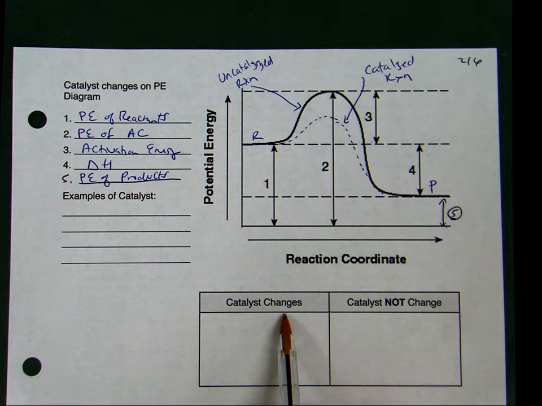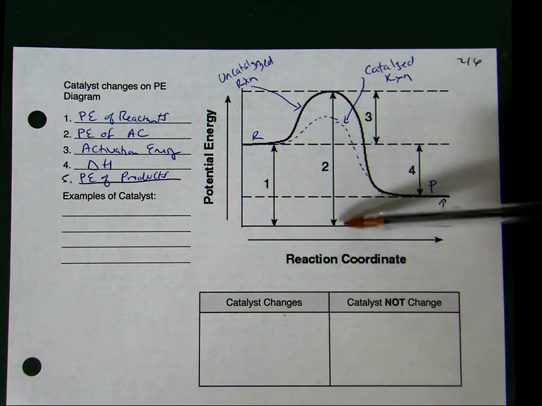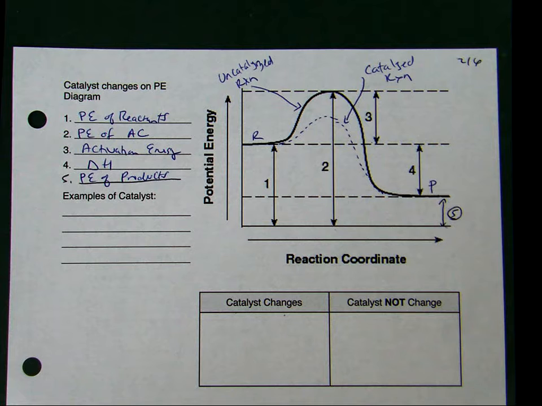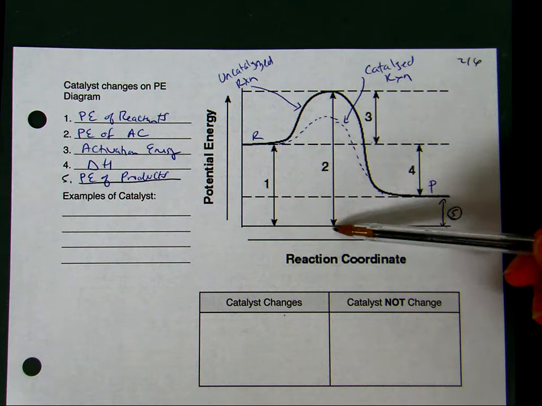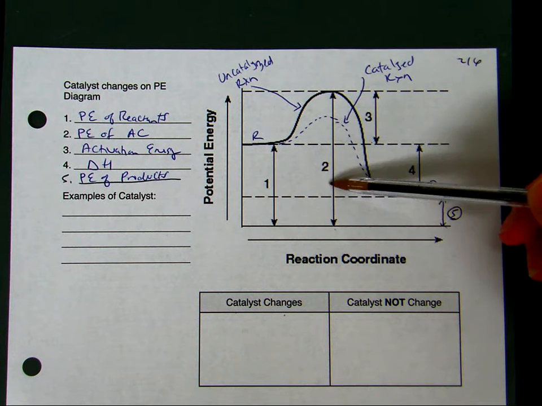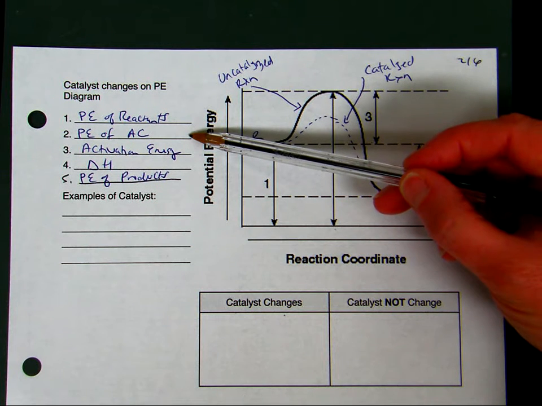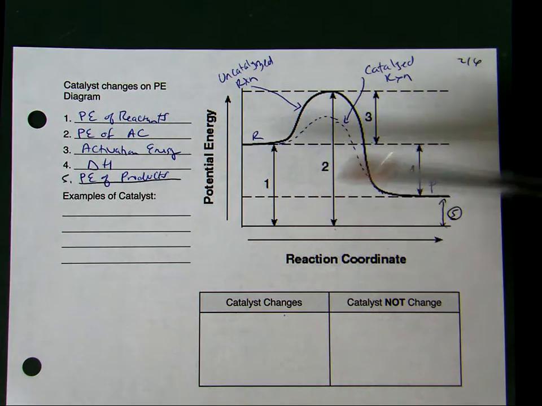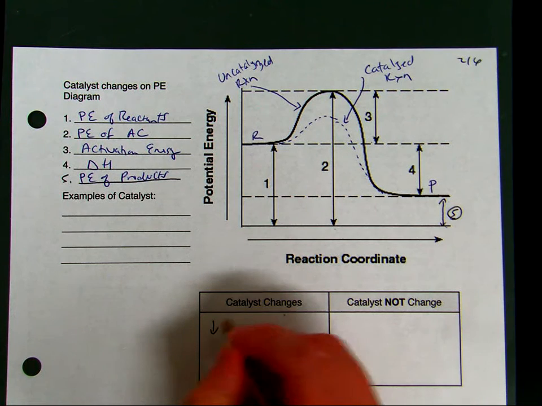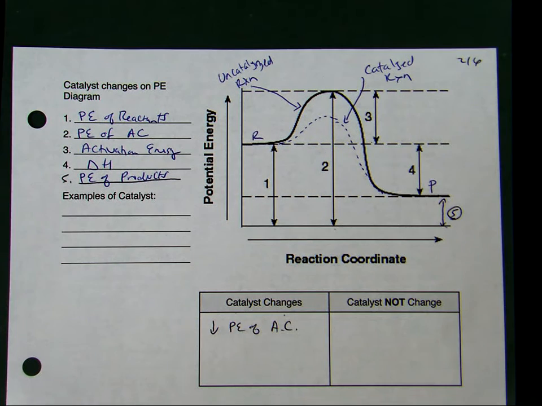Okay? So now, taking a look at our drawing, when you look at what the catalyst changes in your picture, which arrows have had their length changed? I noticed that arrow 2 has definitely been shortened, and arrow 2 represents the potential energy of the activated complex. So the catalyst decreases the PE of that activated complex.